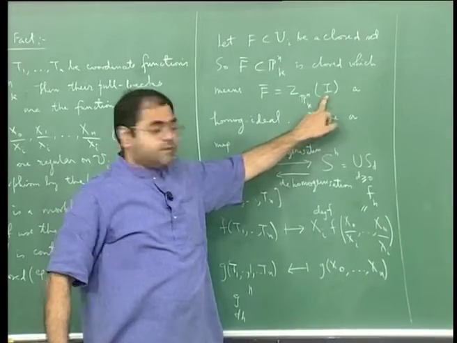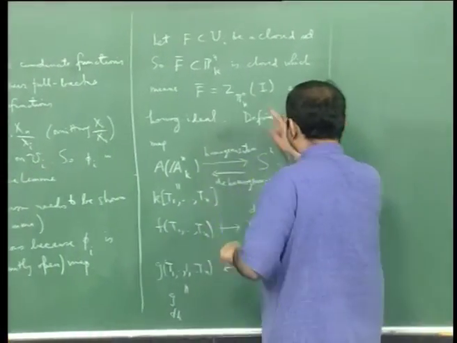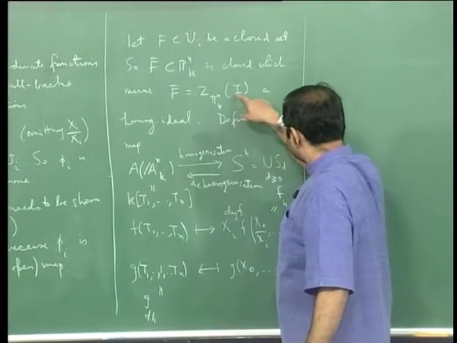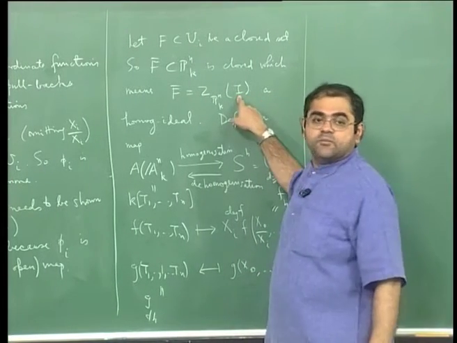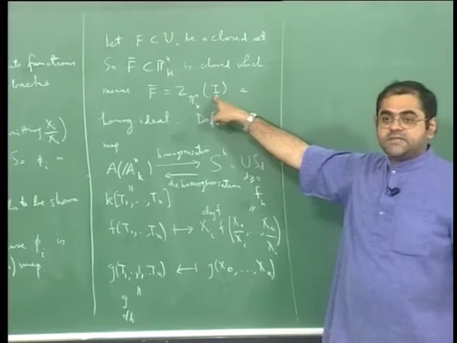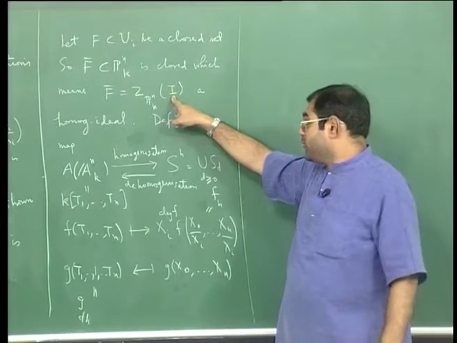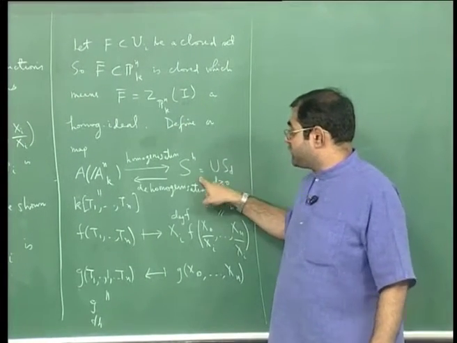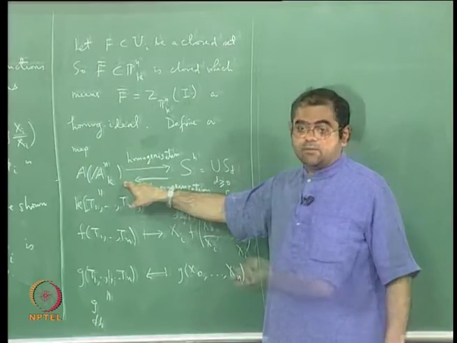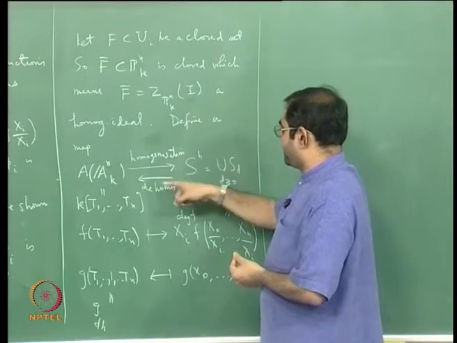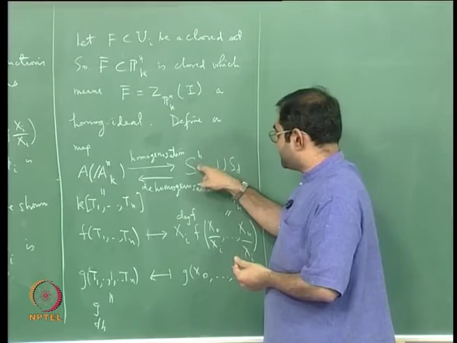It's a homogeneous ideal. Since it's a homogeneous ideal, it's generated by homogeneous elements. So what I'm going to do is take those homogeneous elements and just dehomogenize them.